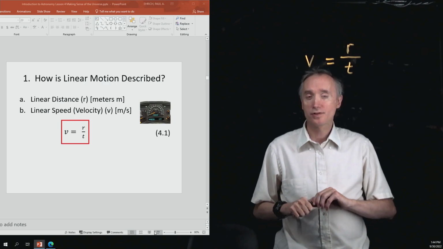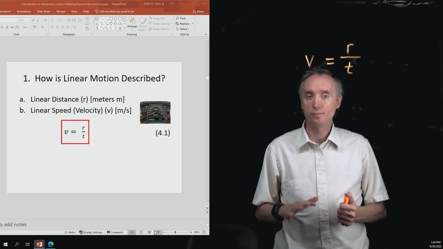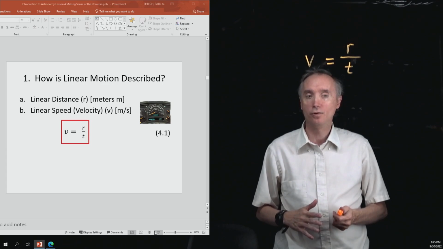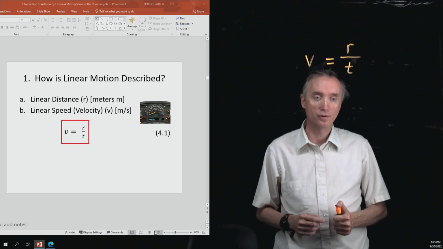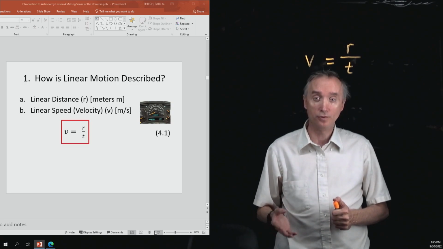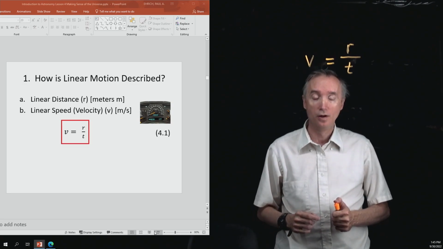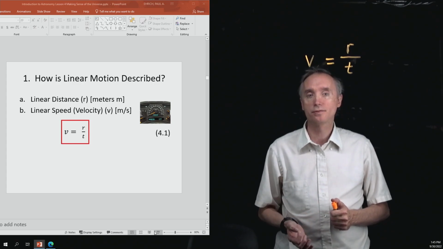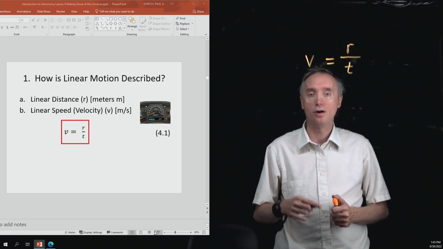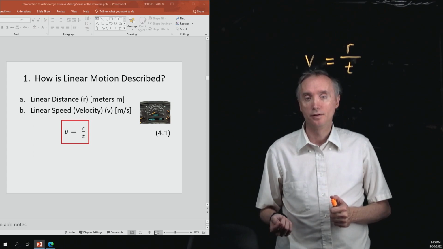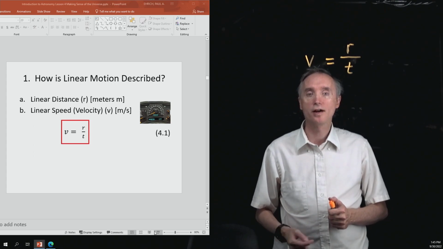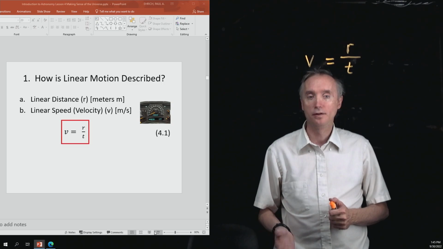So to help you to understand a little bit more about what speed means, think about your speedometer. So in your car, or if you've been in a car, you've seen the speedometer. What are the units for speed on your speedometer? So if you're going down the highway, you're traveling at 60 miles per hour.